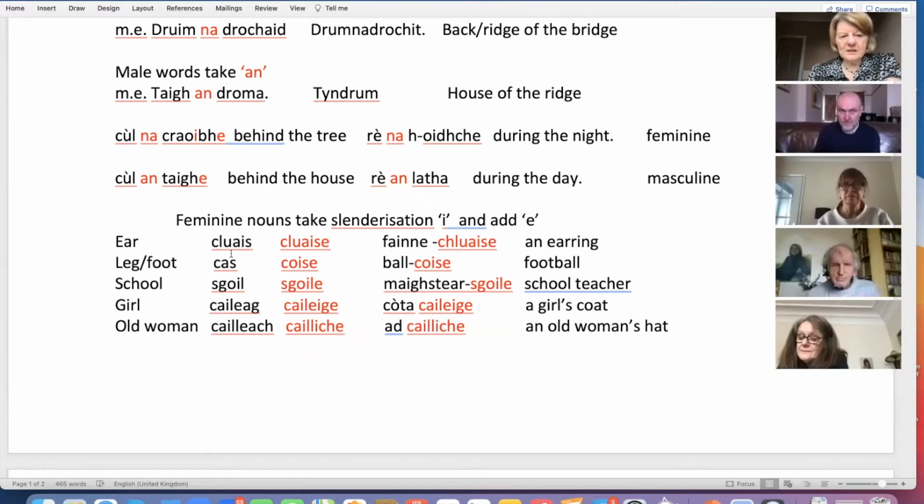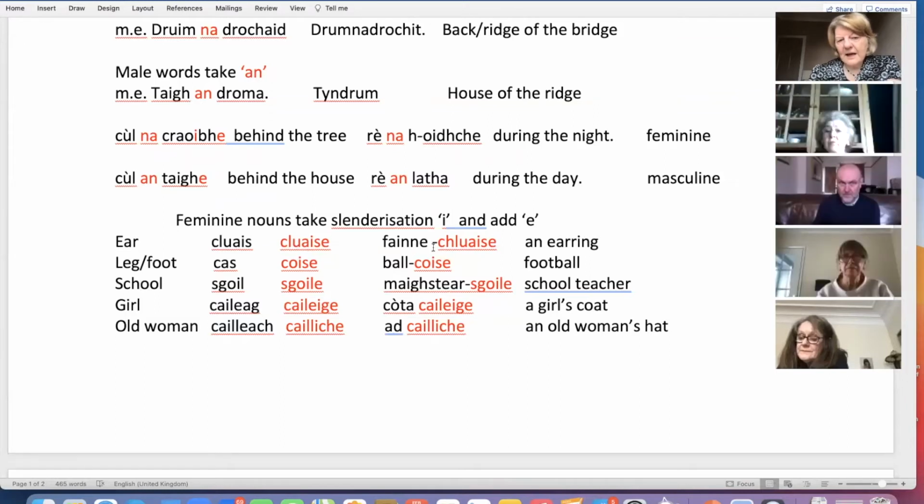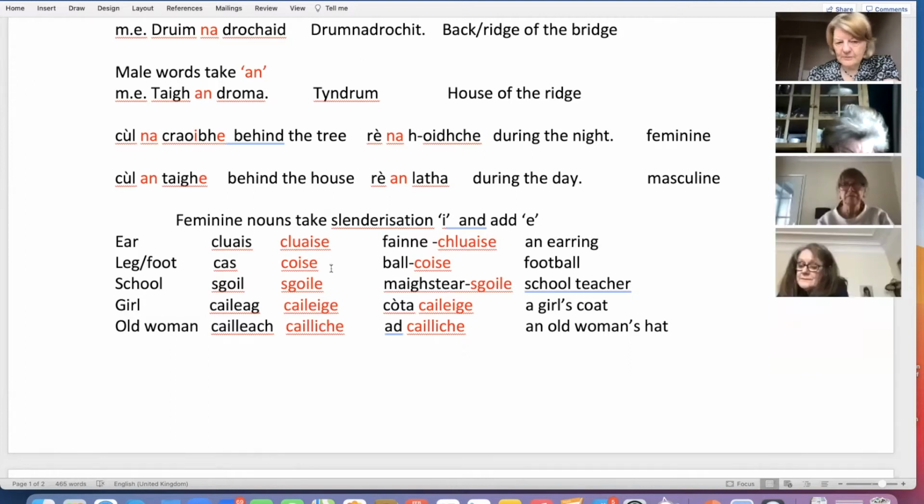Close. Your ear is close, becomes close. So fanya is a ring, and fanya close is an earring. Cas is your foot or your leg, and then the genitive is kosher. So baul kosher, which a lot of people learn right away.